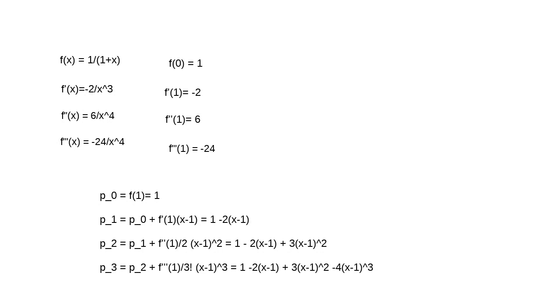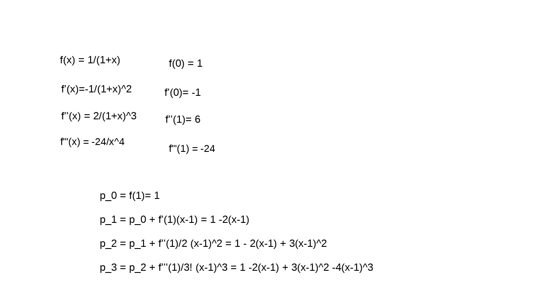And the Maclaurin series starts with f of 0. f prime is negative 1 over 1 plus x raised to 2, so f prime of 0 is negative 1. The double prime: negative 2 times negative 1 becomes positive 2, divided by 1 plus x raised to 3.